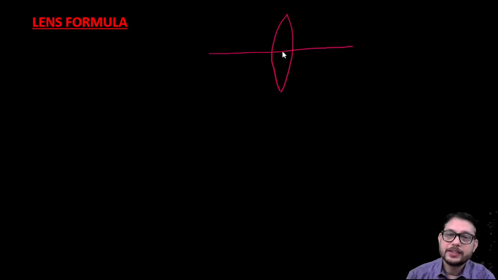Suppose this is your optical center, represented by capital O, and this is your primary focus, represented by capital F. Whatever the distance is from O to F, the same distance is from O to F dash, and here F dash is your secondary focus. I hope this terminology is now clear to all of you.